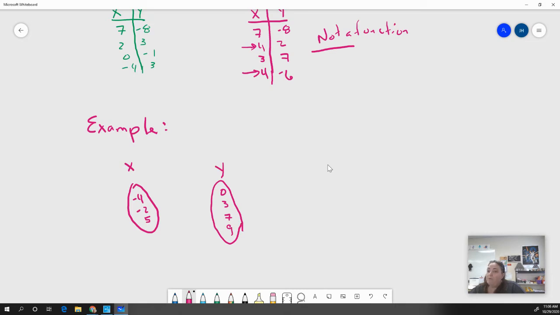And I go, okay, well, the -4 maps to the 0, right? The -2 is going to go to the 3. And the 5, well, it's going to go to the 9, but it's also going to the 7. And here's the question again. Is it a function?